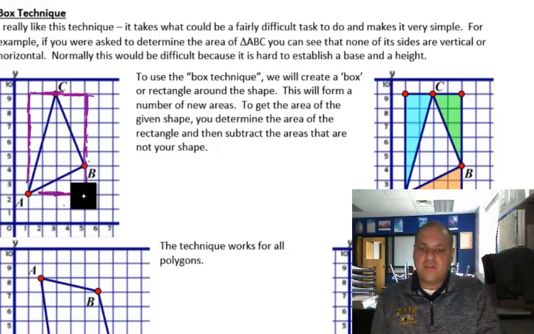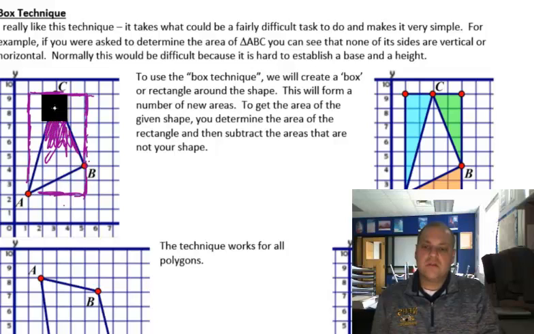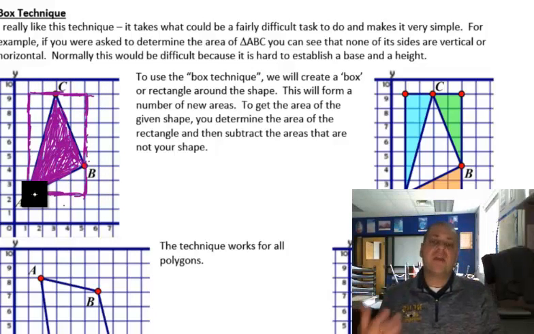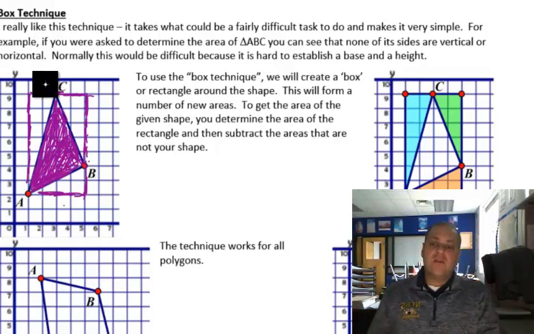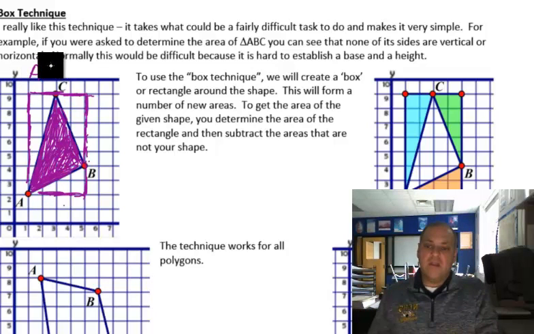So what you're trying to do is find the area of this right here. You're trying to find the area of this triangle. So what I can do is find the area of the rectangle that I just made, the box I just made, because I know that's easy, because for a rectangle, area is base times height, or call it length times width.